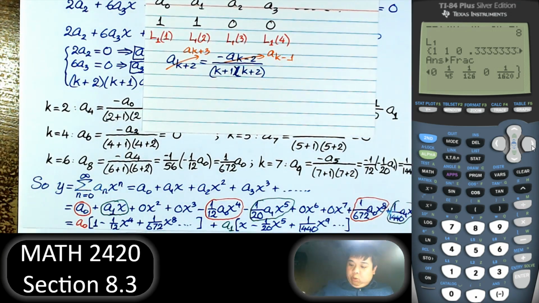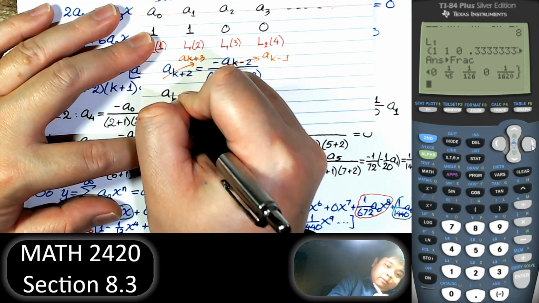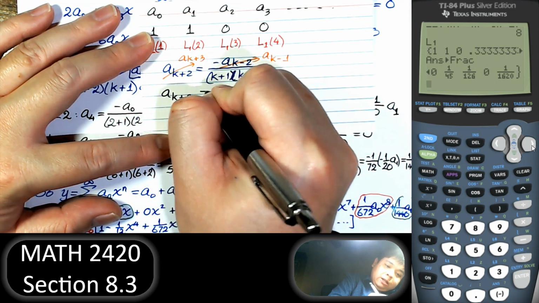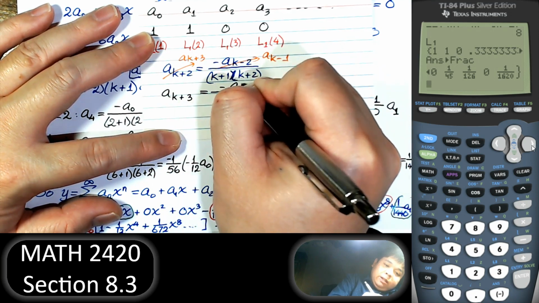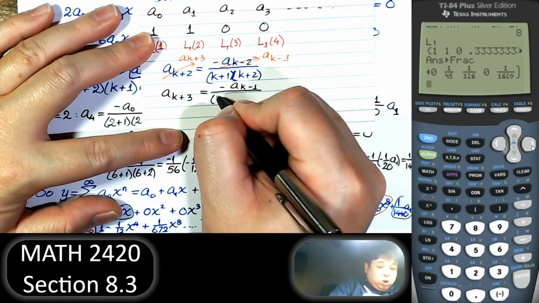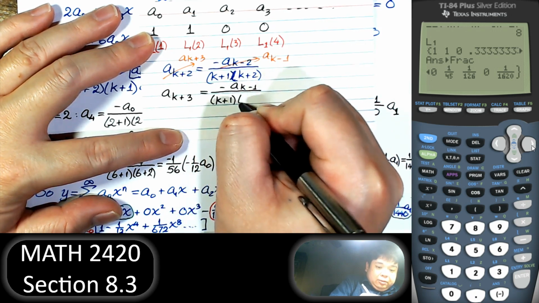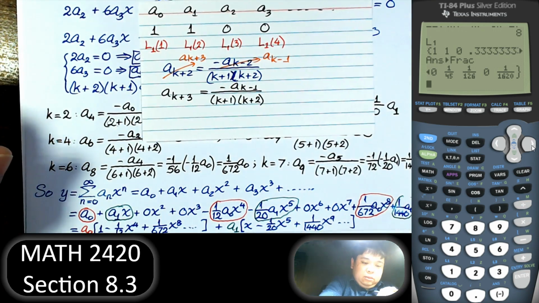Right, now we write that a of k plus 3 equals negative a of k minus 1. We only do that, the k plus 1, k plus 2 we do not change. Right. Now, even then it's not done.